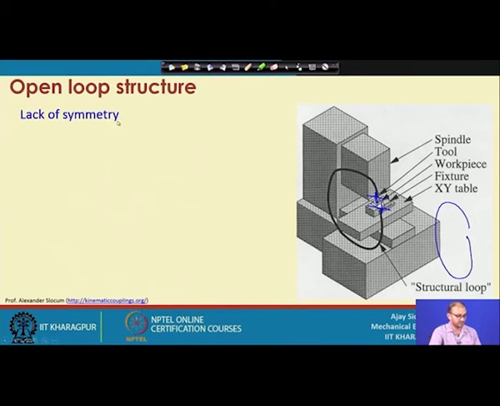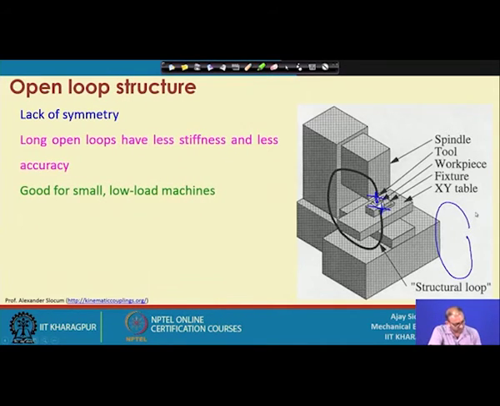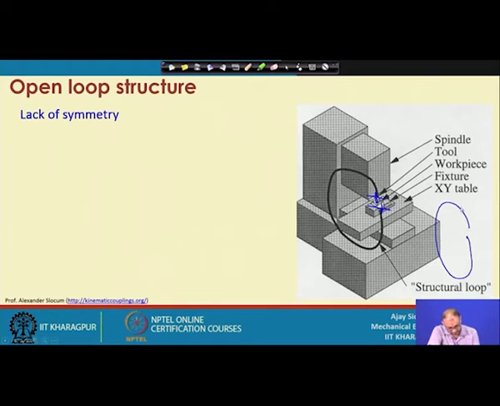So, there is a lack of symmetry. What happens here? We know these are the two things, and when we have an open loop structure, that means this particular thing is in this direction.